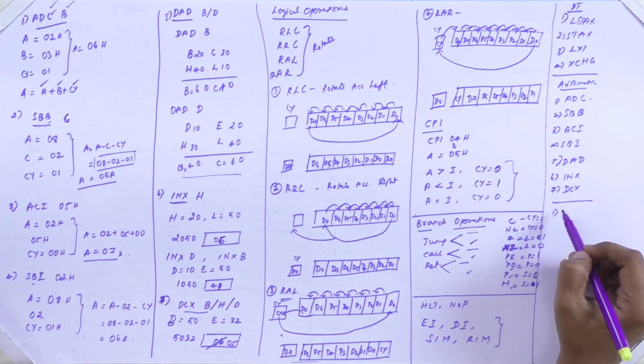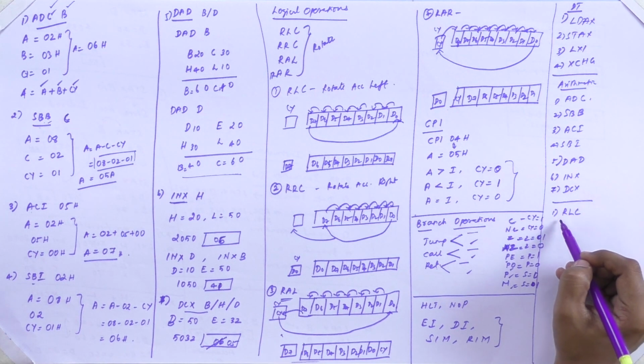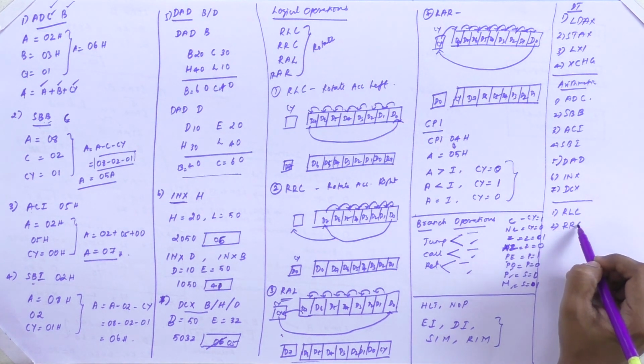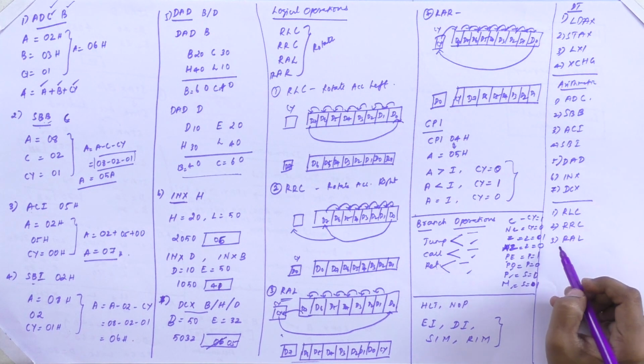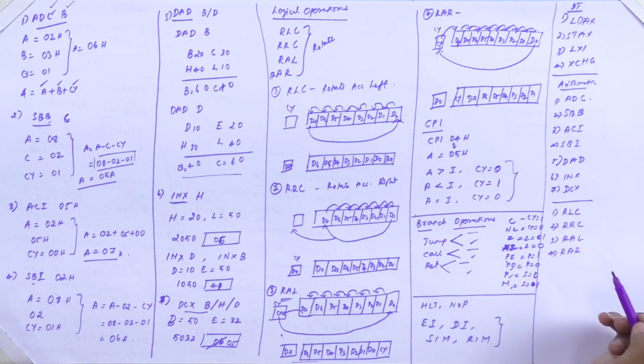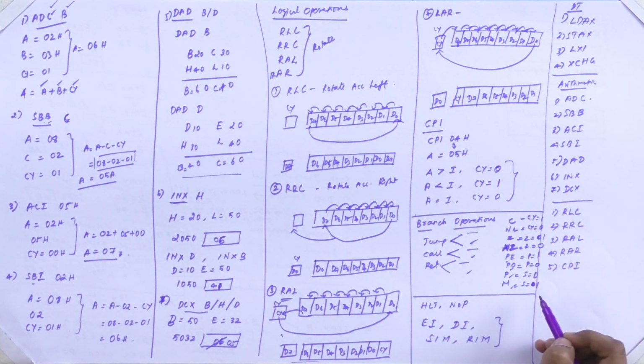And the additional logical operations we have discussed are rotate operations such as RLC, rotate accumulator left, RRC, rotate accumulator right, RAL, rotate accumulator left through carry, and RAR, rotate accumulator right through carry, and the compare instruction CPI, that is compare immediate.